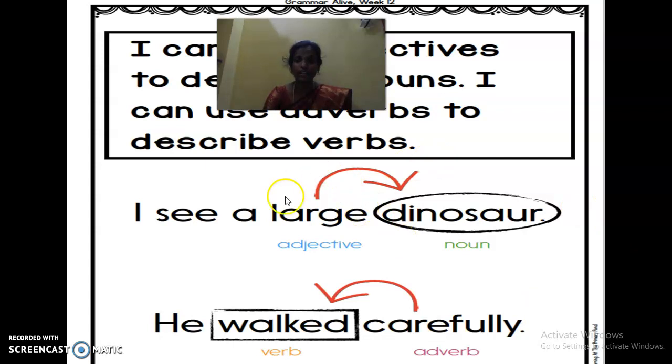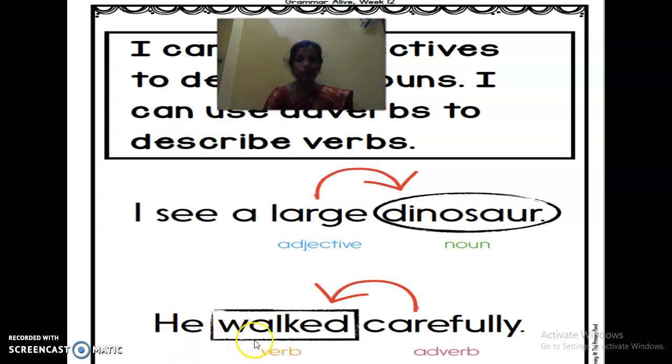Dinosaur, the name of an animal, is a noun. The word large describes the noun, so we can tell that this is an adjective.